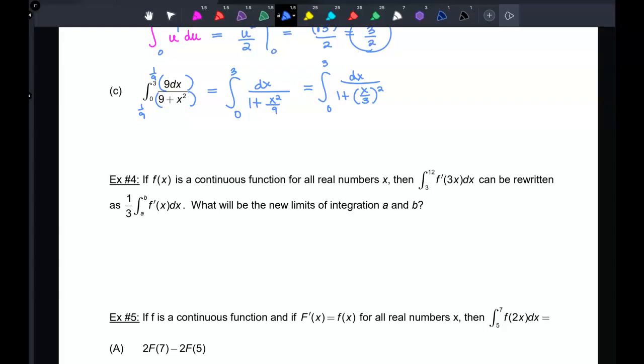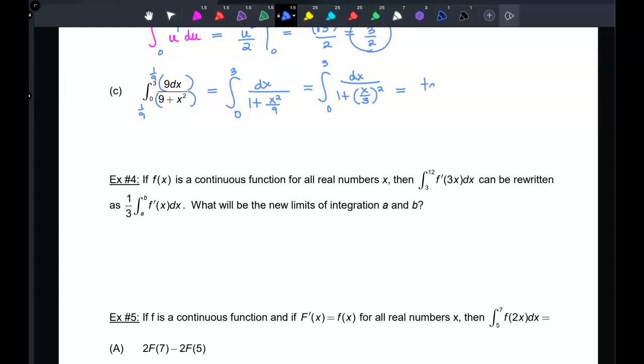Now, technically, this one, I could do the shortcut at this point. Because what is the inside part? x over 3. What's the derivative of x over 3? 1/3. So I don't have to change my limits in that case.